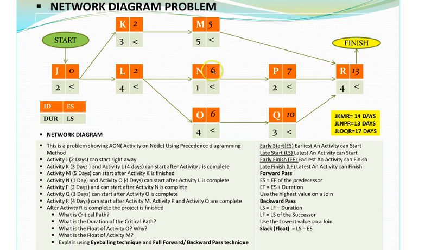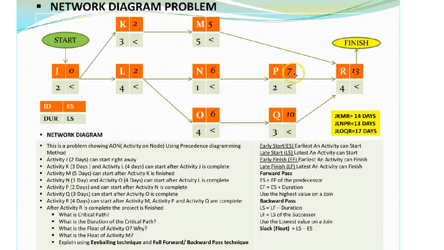That's the earliest start. Same thing goes with 6 over here on O because 4 plus 2 is going to be 6. Again, you have to remember N and O are dependent on L to finish. Like if you would see it in the question, N and O can start only after activity L is complete.